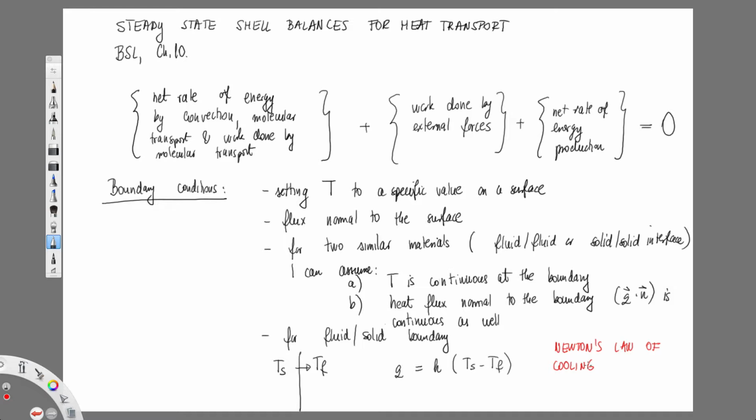Newton left no piece of this course untouched. Newton's everywhere. This h is what I call the heat transfer coefficient.